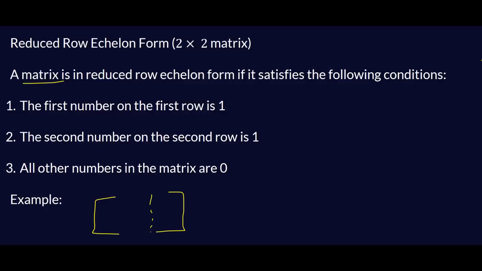Let's call this one A and this one B. The first number on the first row is 1. The second number on the second row is 1 right here. And every other number is a 0. So this is what we're looking for. A and B just represent any kind of constant. It doesn't matter what it is. We're fine with that. We just have to make sure that on the left side of this vertical line, this is what the matrix looks like.